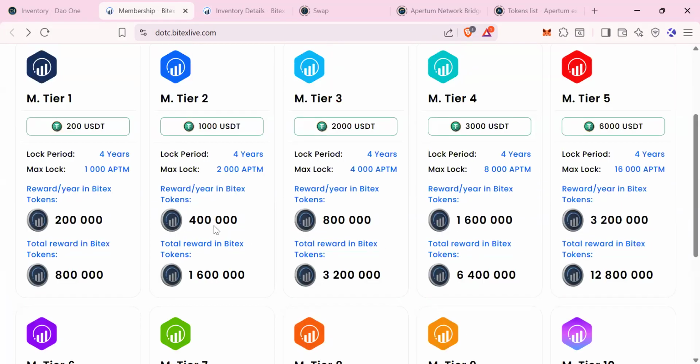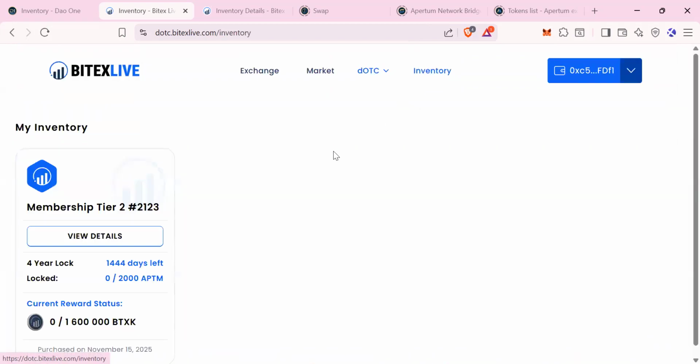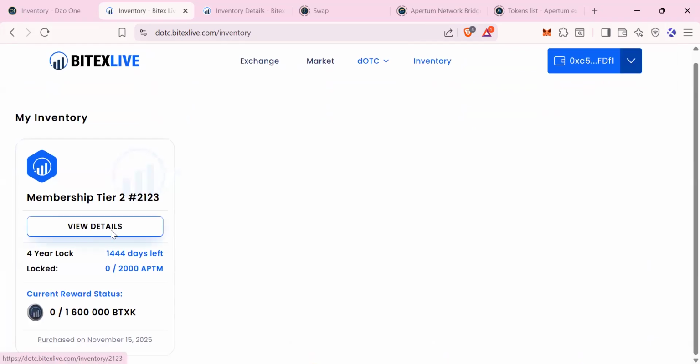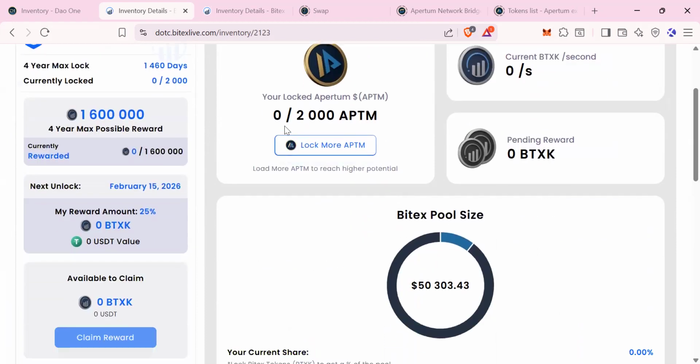Now, when you click on inventory, it now takes you to this page, and you can see here there's your tier, there's the number, the 2123, that's your number. And you can see over here it says view details. Click on view details, it now opens up into the back office of Bitx Live. And you can see here you've got north of 2,000 loaded.